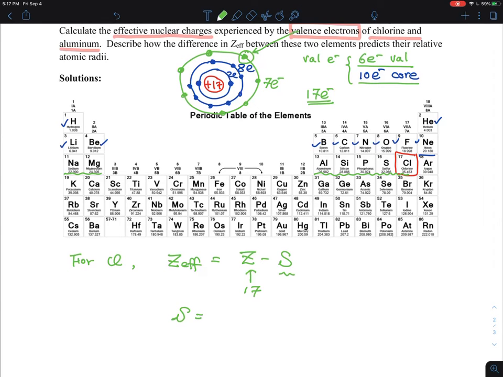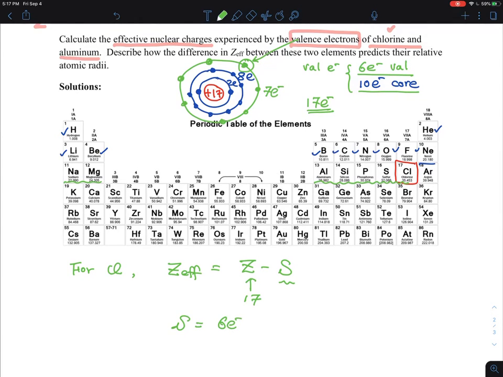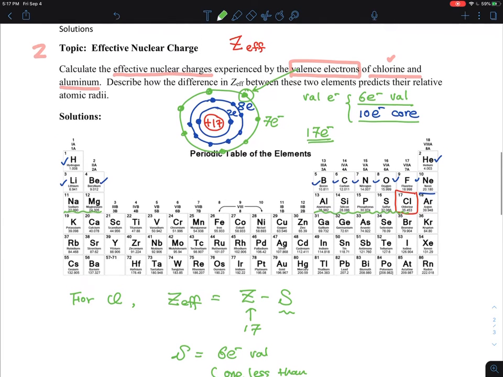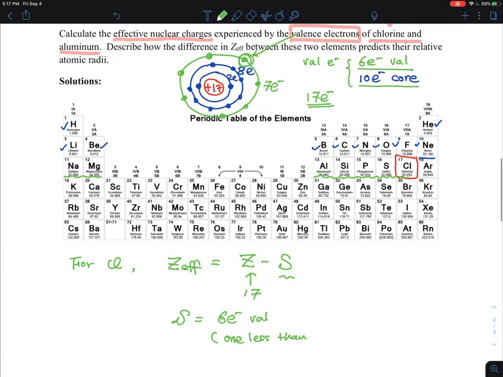You have 6 other valence electrons, which is 1 less than 7, because you're not counting yourself, the valence electron in question. Plus you have 10 electrons in the core.